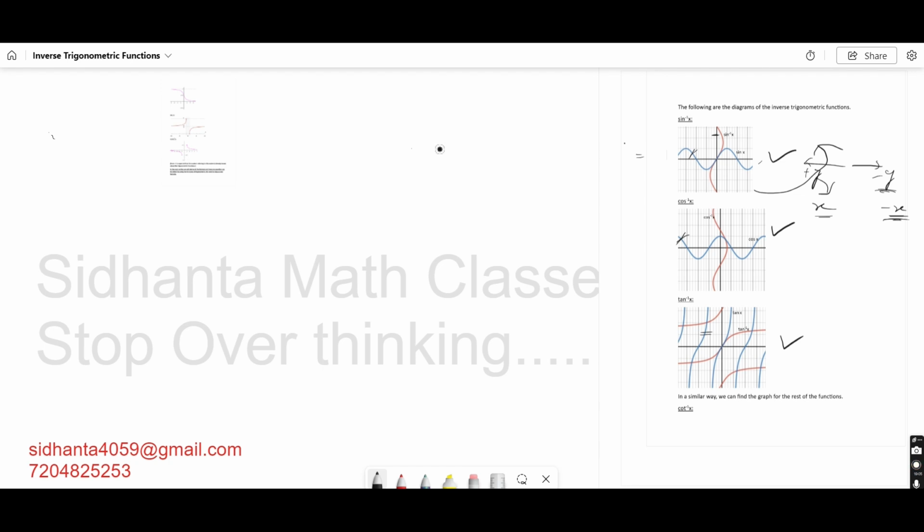So what you need to do is think in this way. When x becomes y and y becomes x, see how the values are changing. In sine, it starts from 0, it goes up, and finally it becomes 0 again. Here the sine value will be 1. Similarly, when you take sine inverse, it will start from 0, go up to 1, and come back at 180.